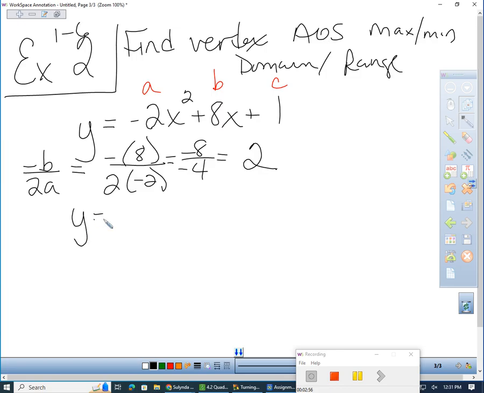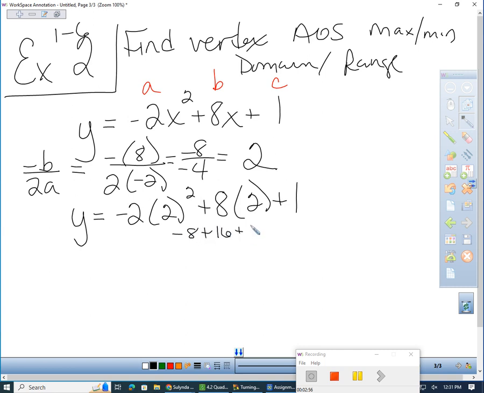I have y equals negative 2 times 2 squared plus 8 times 2 plus 1. This is 2 squared is 4 times negative 2 is negative 8, plus 16, plus 1. We get 9. We absolutely do. So we have a vertex at 2, 9.